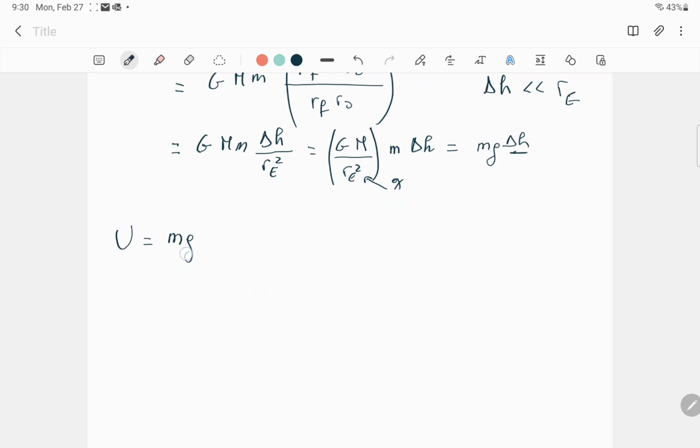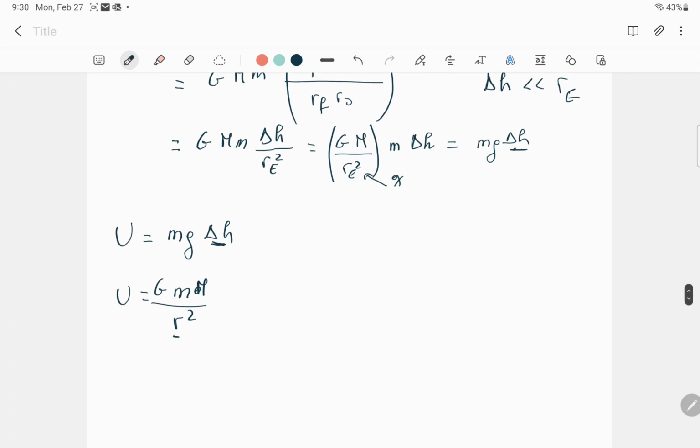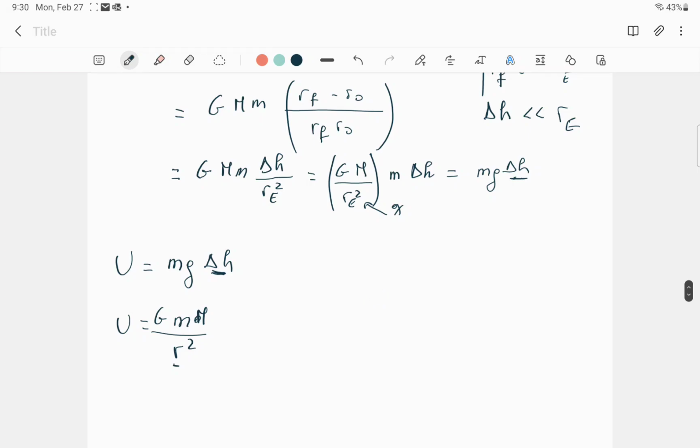U, we say, is mg delta H, but we also say that U is equal to GMM over R squared. So obviously you're saying, well, is the R in the numerator or denominator? Well, that's why it's so important to understand basically what we are talking about.